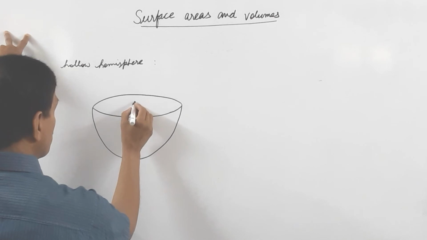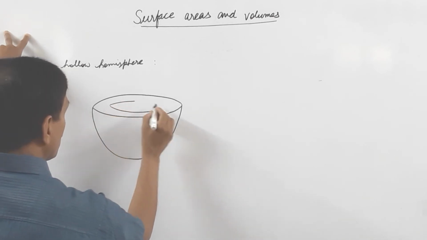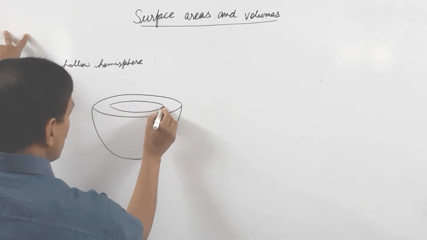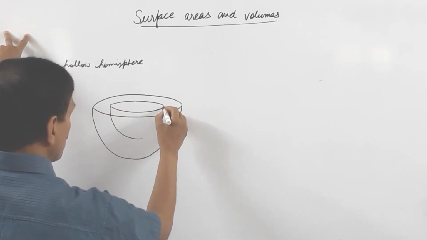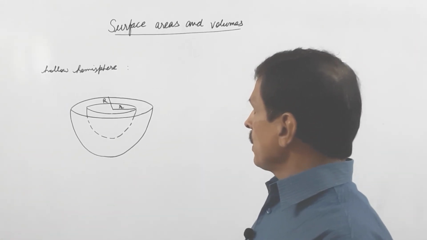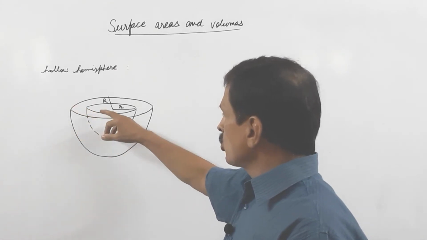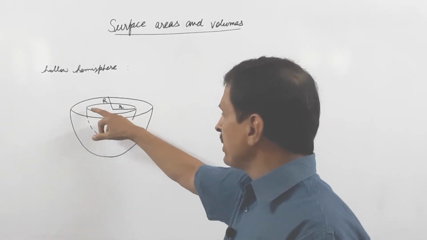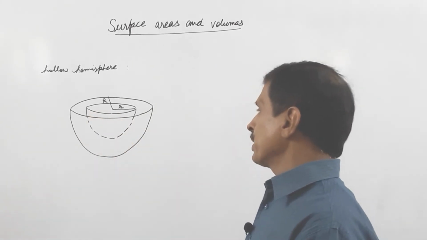A hollow hemisphere is made by scooping out a hemispherical cavity from a solid hemisphere.